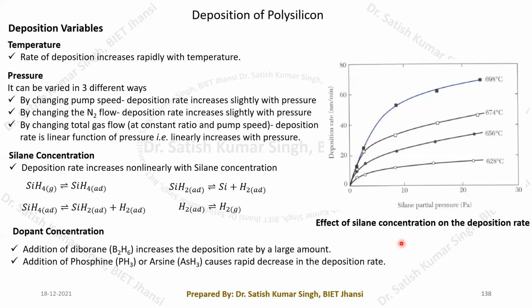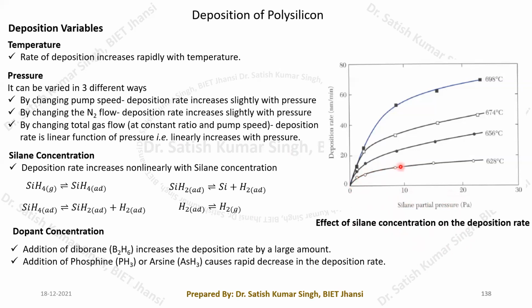If we increase the concentration, the silane partial pressure is going to increase. This increase in the silane partial pressure reflects the silicon concentration. Increasing the partial pressure means increasing the silicon concentration. And here you can see it is changing non-linearly.